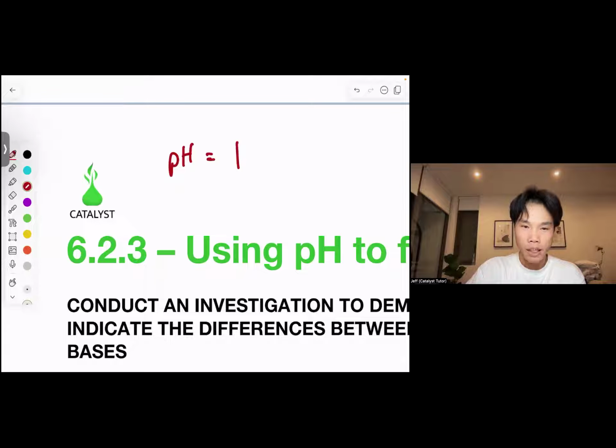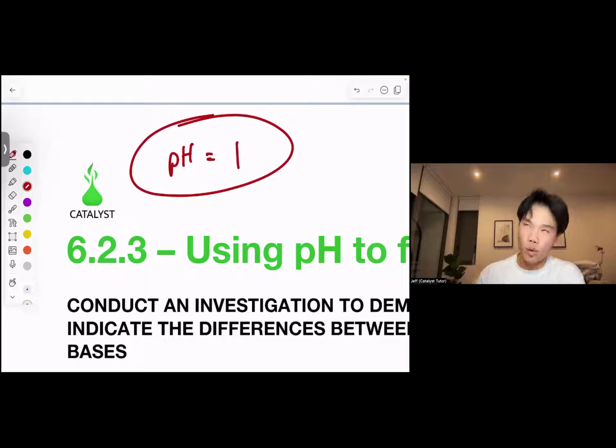It would be likely, but not necessarily. A pH of 1 is really low, so probably it is. But there are more factors that affect pH than just strength alone.